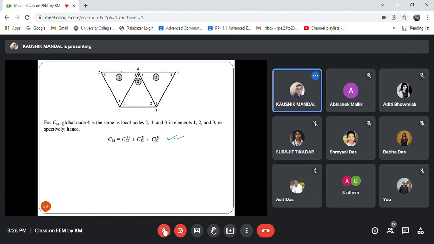Next, suppose you have to find out C of 1, 4. Now this is an off diagonal element. That means now what you have to do?